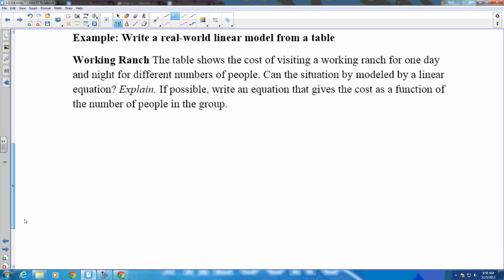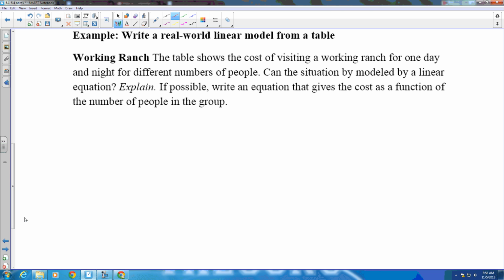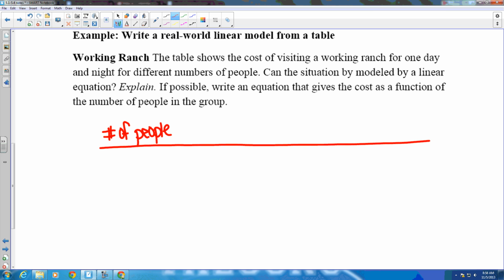Okay. There's a table that shows the cost of visiting a work ranch for one day and night for different numbers of people. Can it be modeled by a linear situation? So first I need to write down what the table says. We have different numbers of people on top, and on bottom is going to be the cost in dollars.